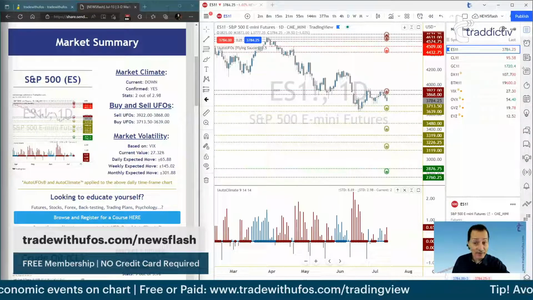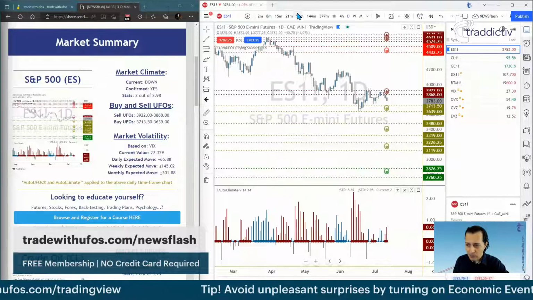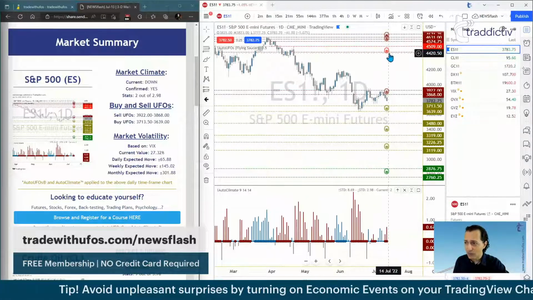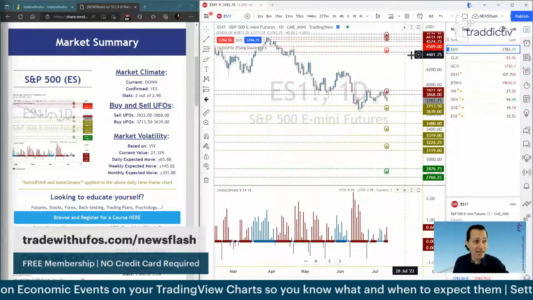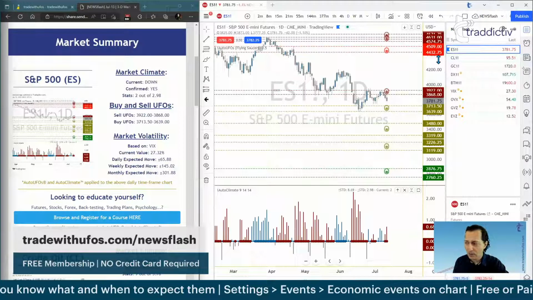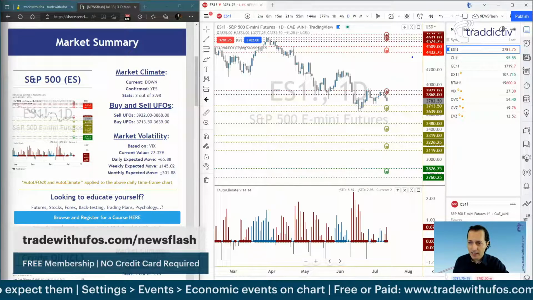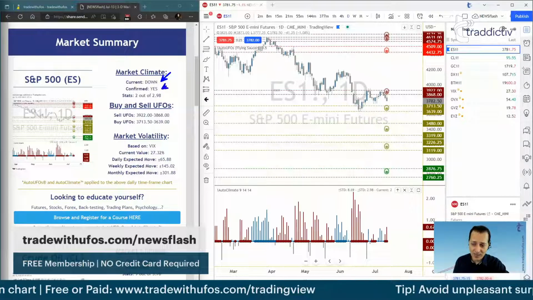Okay, but let's begin with the S&P, as we were saying. And what's happening with the S&P? Well, to be honest, what's happening is exactly what we discussed yesterday. Again, probabilities are an important ally in trading. It doesn't mean that having probabilities in your favor is a guarantee, of course not, but certainly it's a smart thing to do. Yesterday we said that from a statistical point of view, the climate was down and confirmed.